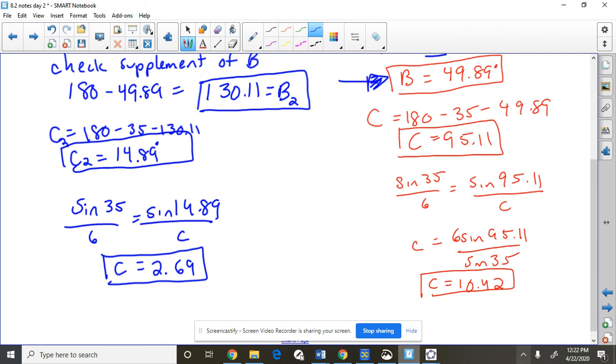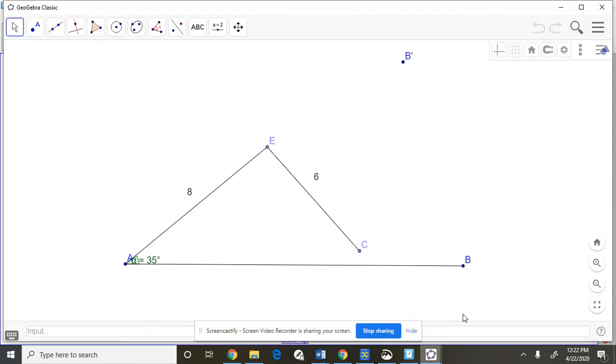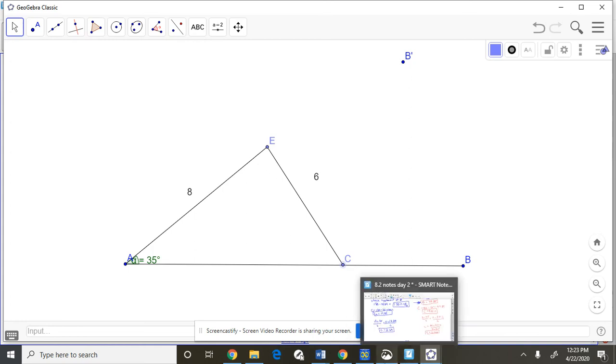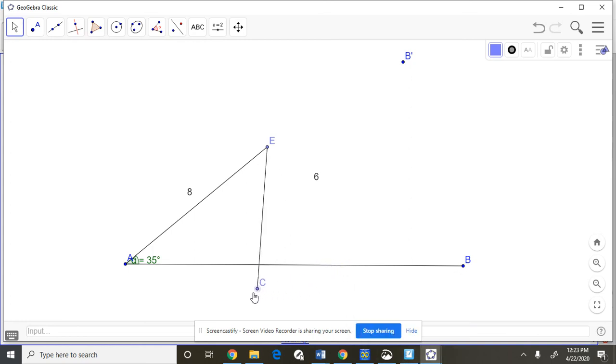Here's the picture for why there's two triangles. We had an angle of 35 degrees that was opposite a side of length 6, and then we had this side of 8. We were trying to find the triangle. If I swing this length of 6 around, I see that there's a triangle here where this angle at the top is obtuse, and there's an angle over here where the obtuse angle is down here, and this top angle is very small.